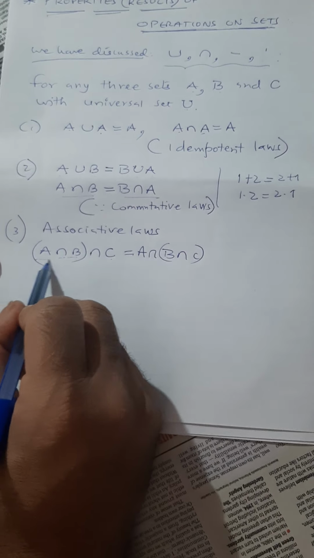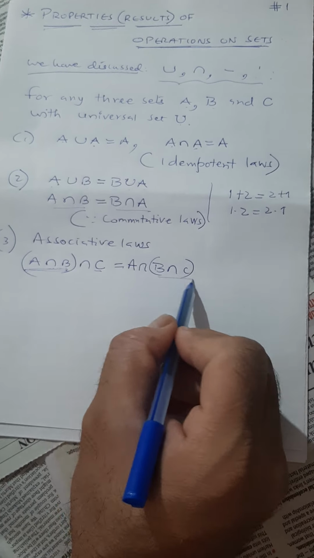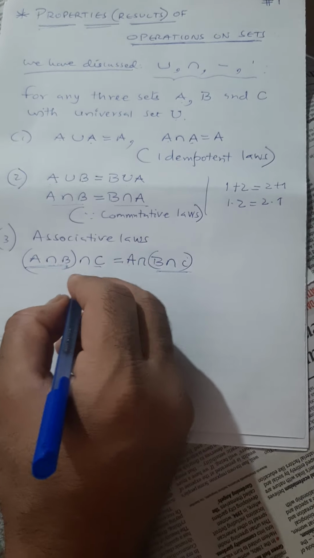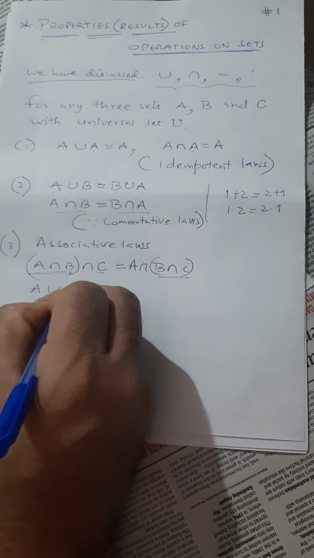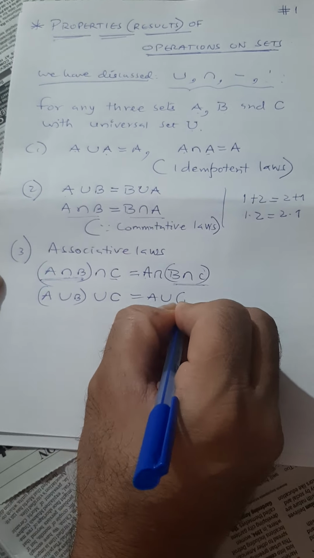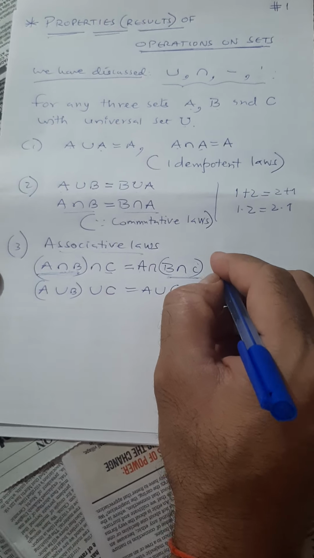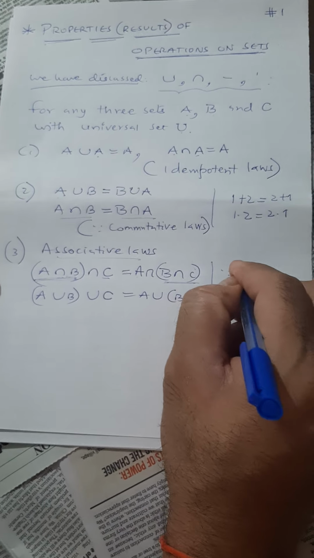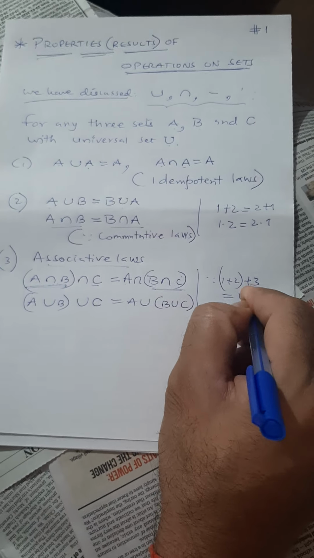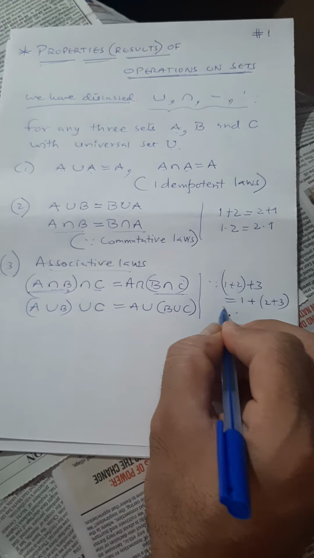The bracket should be operated first. And similarly for union, A union B union C equals A union B union C. These two are called associativity. These are also true for addition: 1 plus 2 plus 3 is always equal to 1 plus 2 plus 3. Similarly for multiplication also.